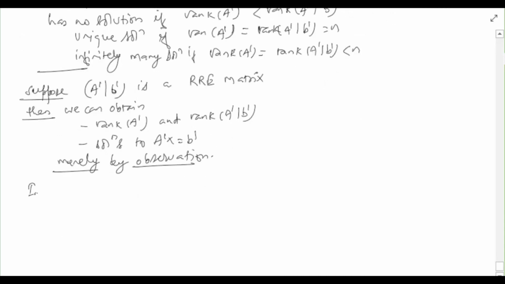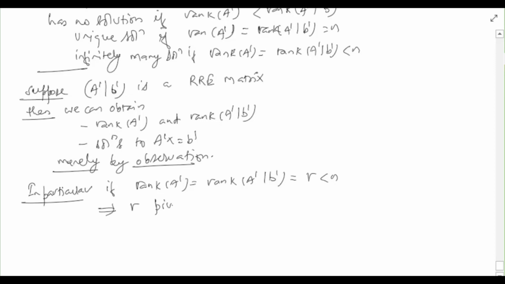In particular, if the rank of A prime equals the rank of A prime B prime is R, which is less than n, then we have R pivot columns and n minus R non-pivot columns.